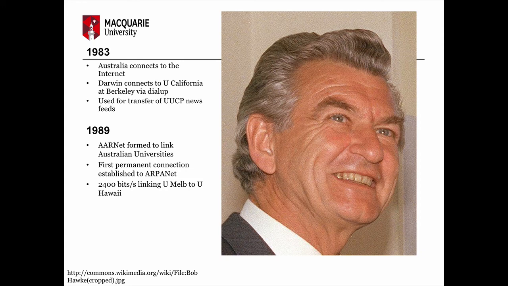We also in 1989 had this first permanent connection establishing a link between AARNet and ARPANET, and that was a 2,400 bits per second link, again a telephone link between Melbourne and the University of Hawaii. So 2,400 bits per second for all of Australia to link to the internet. So it's not just one person, that's everybody in Australia who uses the internet.